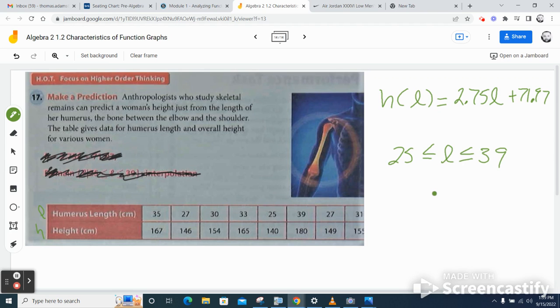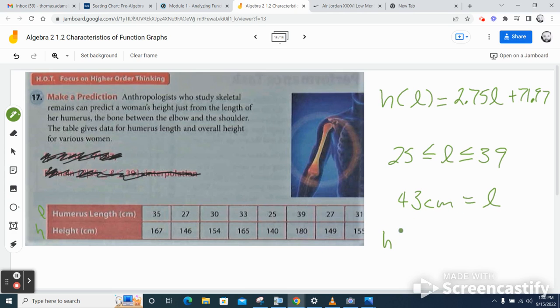So now here's the beauty of this. Let's say that we discover a woman whose humerus is 43 centimeters. Can I make a prediction about how tall she is? Yeah.